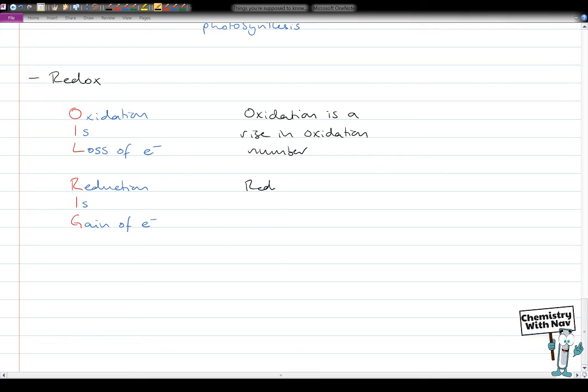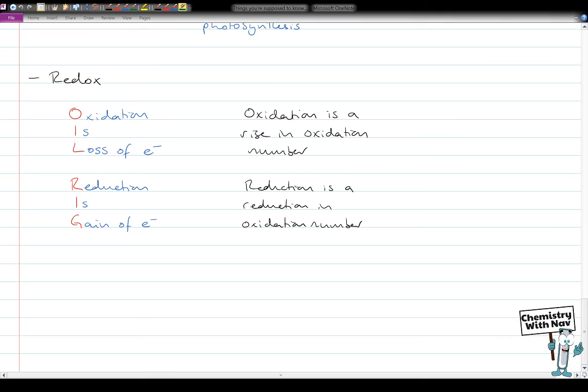And reduction is a reduction in oxidation number. So that would be for an element such as chlorine, which might start as 0 as the reactant, but then when it makes the product, it may make a Cl- ion, and that's a -1 oxidation number. So going from 0 to -1 is a reduction.